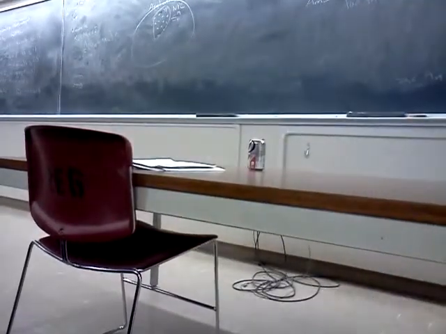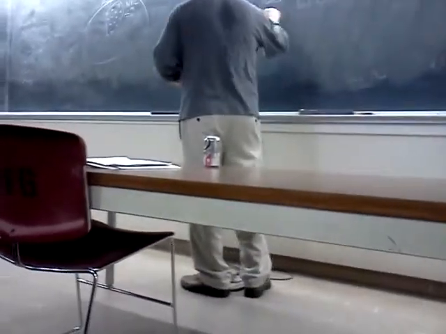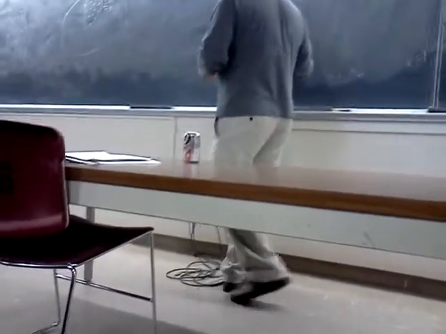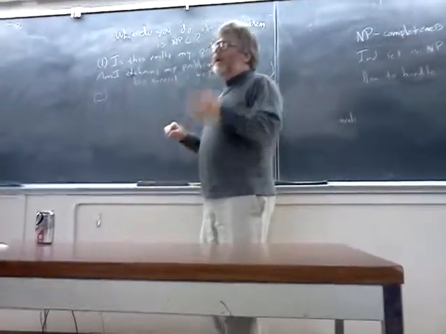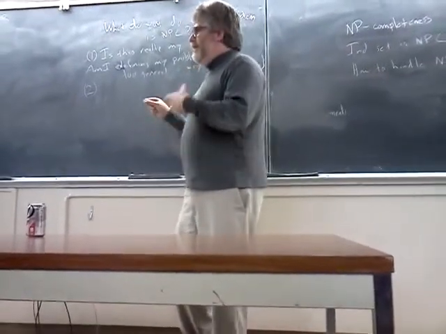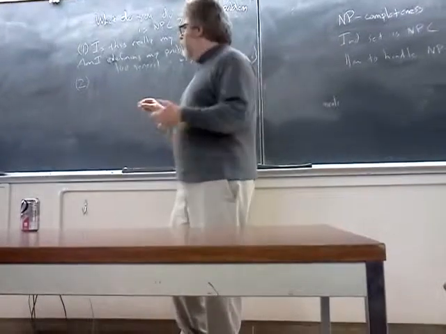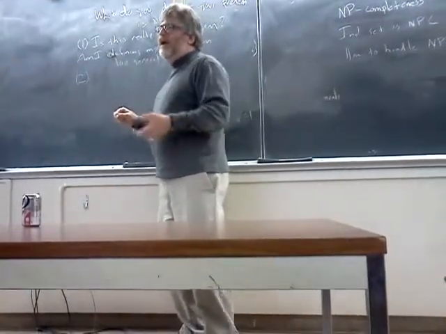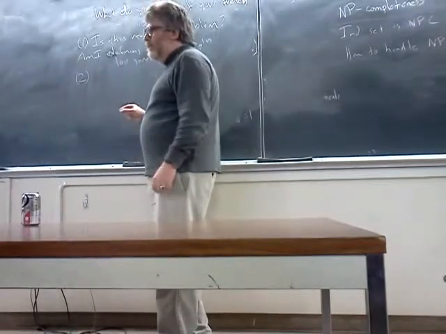Okay. But say that you've gone back and you've put in every restriction to the input that you can think of, and it still seems NP-complete. Then you have to say, okay, now I have to actually do something with it.